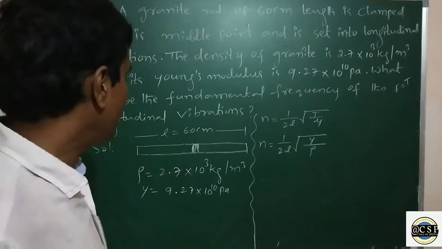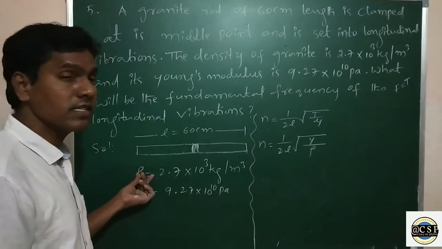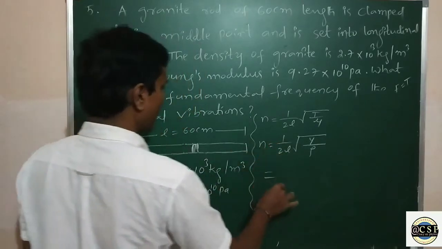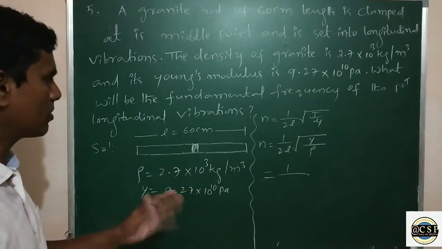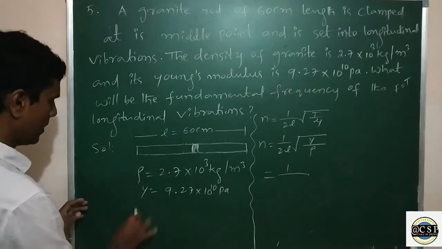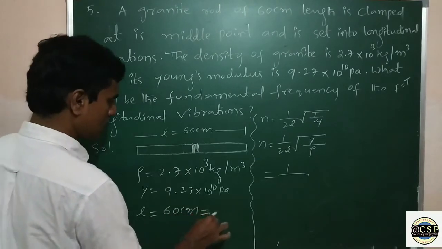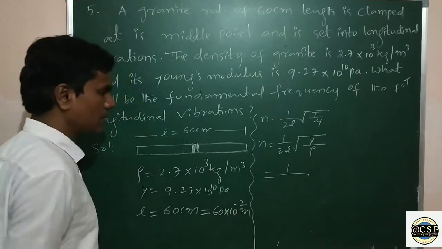So we know the values, which are Young's modulus and density of this rod. So substituting here 1 by 2L. 60 centimeters is given. We should convert it into meters. Here L is equal to 60 centimeters, that means 60 into 10 power minus 2 meters.